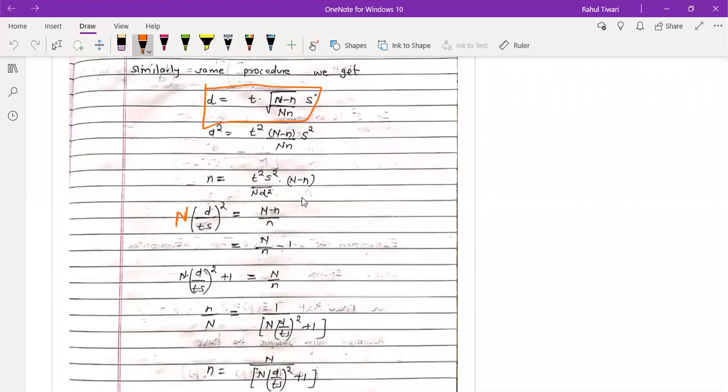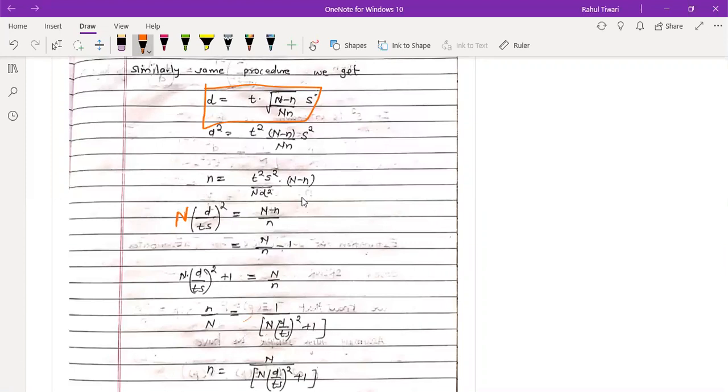And now this quantity, capital N minus small n upon small n, simplifies. So this is n upon capital N upon small n minus 1. You can simplify this one. Take this minus 1 to this side, which is equated with capital N upon small n.